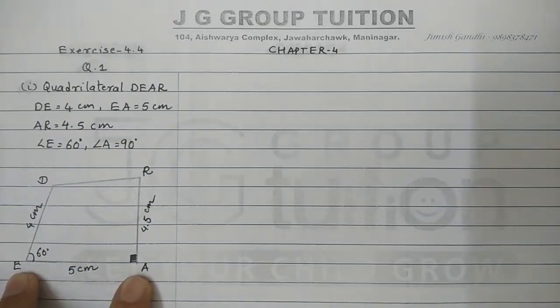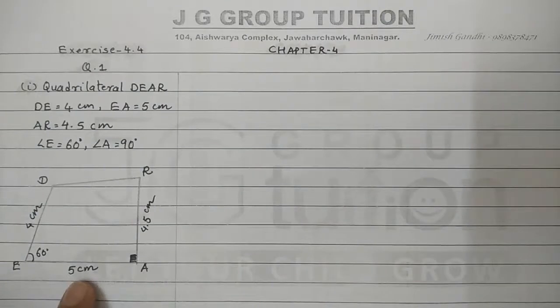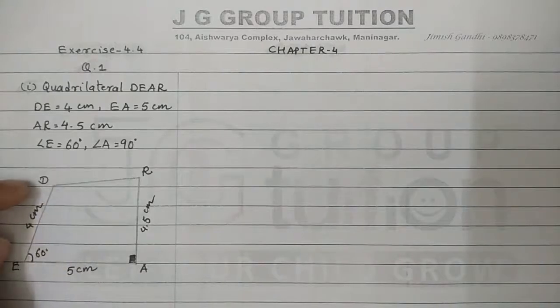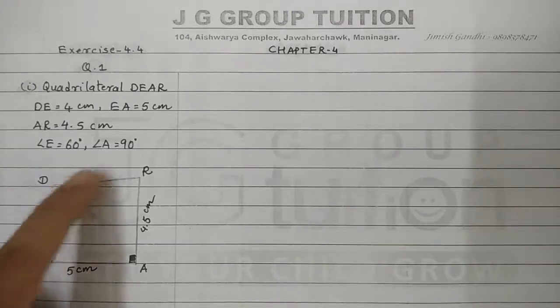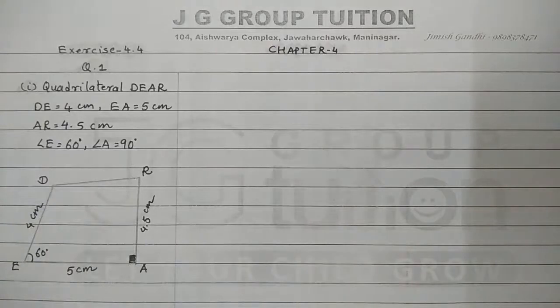Once again, let me explain why we have to start with EA. The reason EA should be the base is because we have the angle E and angle A. If I start with ED as a base, I have angle E but I do not have angle D, so I cannot draw any arc of any radius, or I cannot draw the angle.